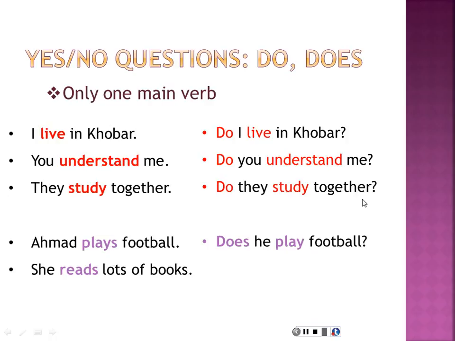Example 2, she reads lots of books. So to change it into a question, does she read lots of books? As you can see, with does we delete S again.